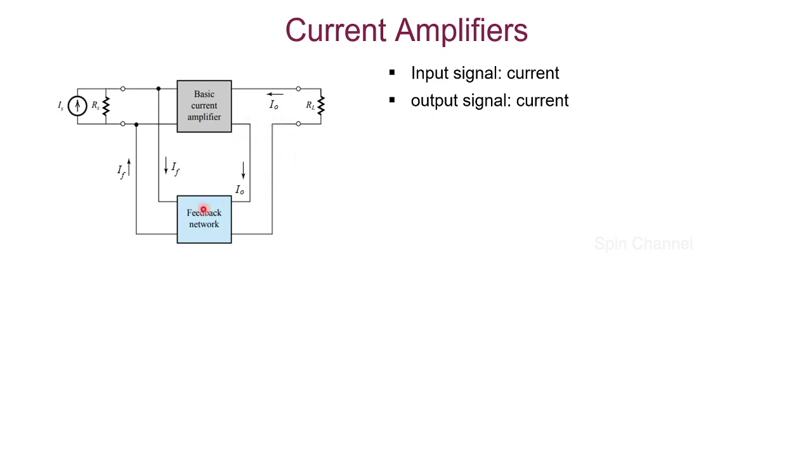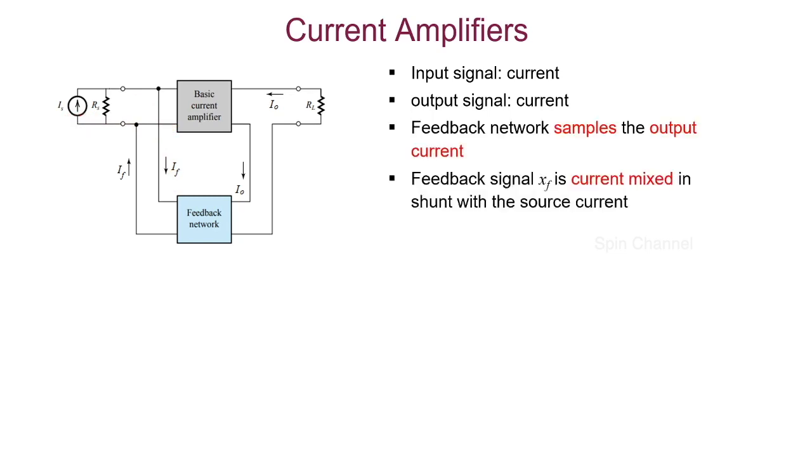The feedback signal XF is also a current, that is IF. This is mixed in shunt with the source current IS. So the feedback topology most suitable for this current amplifier is current mixing, current sampling topology.